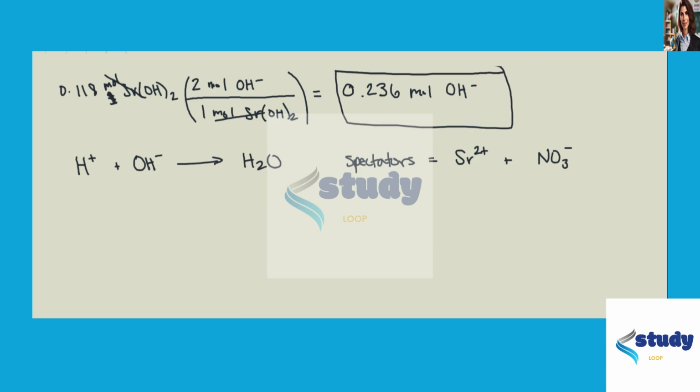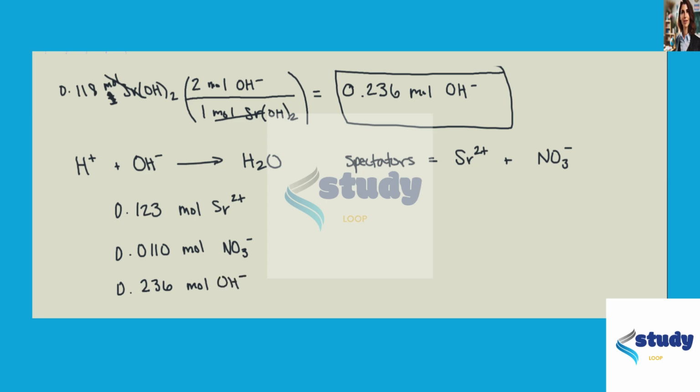What I have left of the other 2 is 0.123 moles of Sr2 plus, and 0.0110 moles of nitrate. And we just found out that we have 0.236 moles of hydroxide left over.